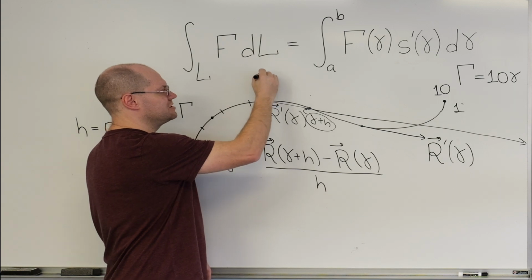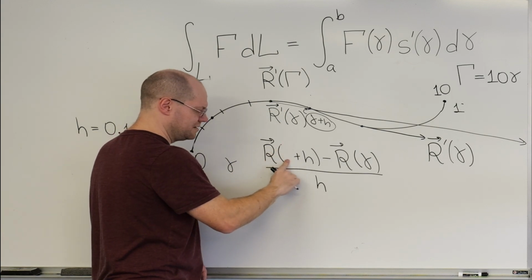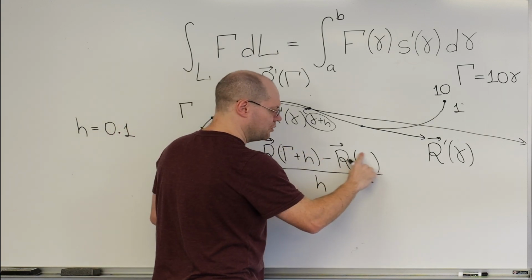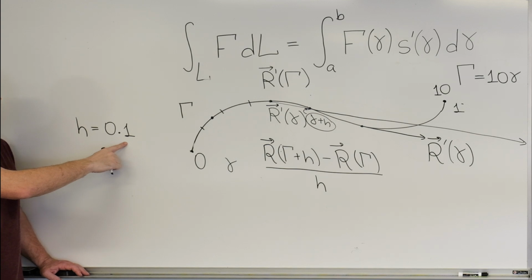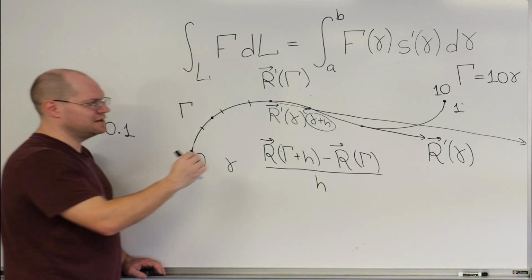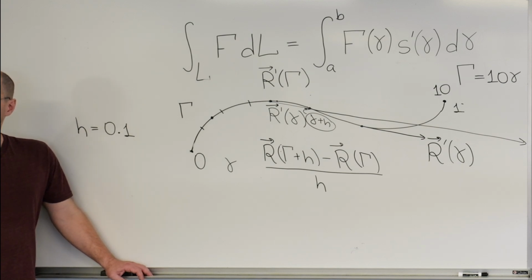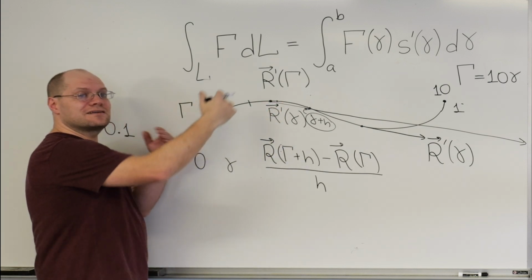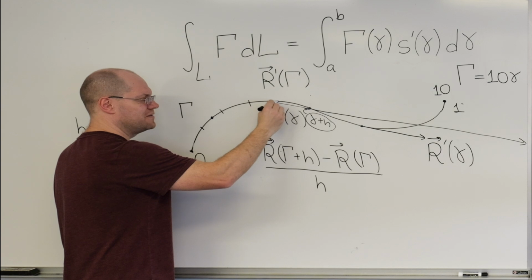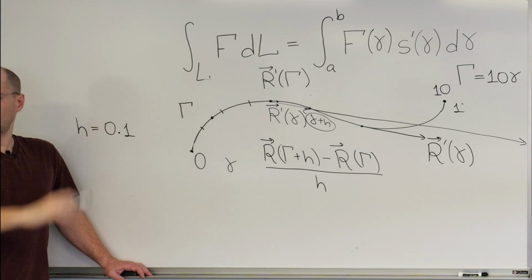Let's do the same calculation for r prime of capital gamma. So now we're going to do the same thing, except with capital gamma. And importantly, we're doing it at the same point and taking the same value of h. H equals 0.1, and here, h equals 0.1 would actually be 10 times closer. You have to agree with that. Do you see that? Increasing capital gamma by the same h is, in physical absolute geometric terms, traveling roughly 1/10 as far, 10 times as small a distance.